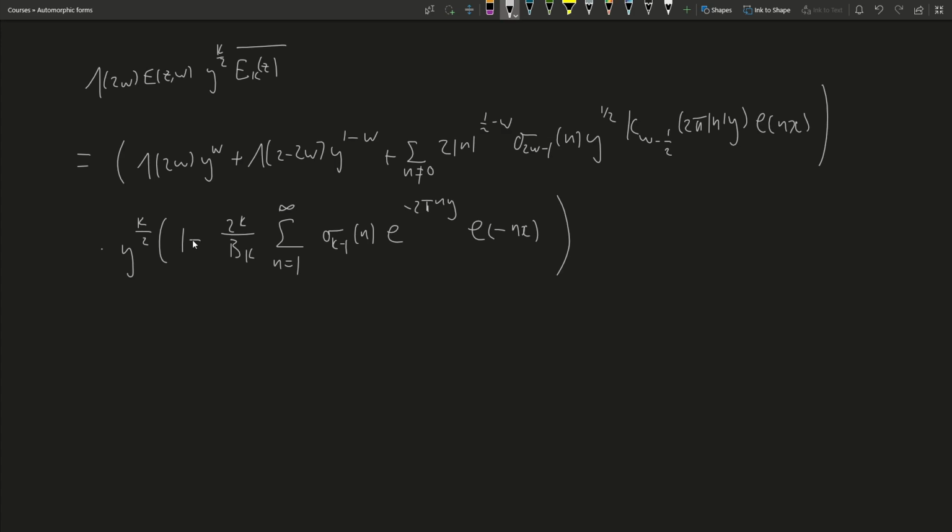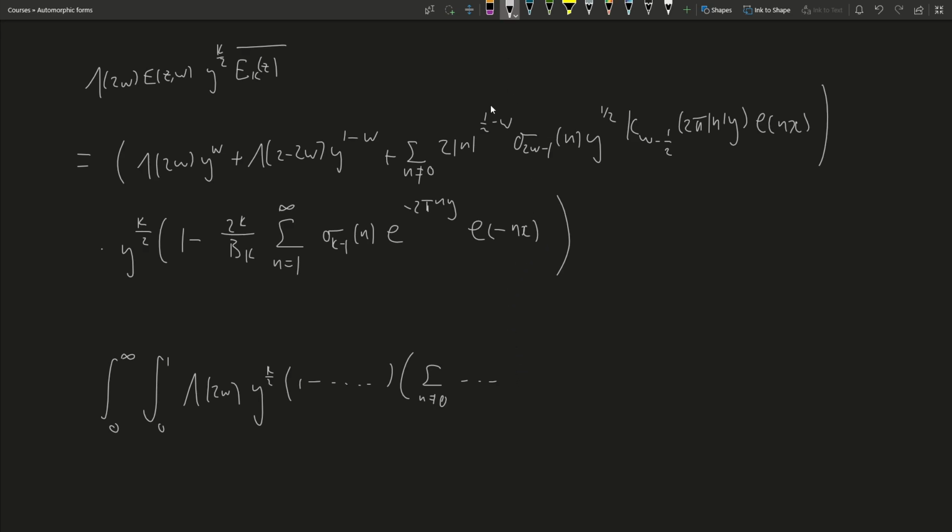Because you're going to unfold your Eisenstein series, so this part's not going to matter, and you end up getting this integral, y from 0 to infinity, x from 0 to 1, of lambda 2w coming from this thing times y to the k over 2, and then this 1 minus blah, blah, blah. And then for the Maass form, you have a sum over n not equal to 0 of blah, blah, blah.